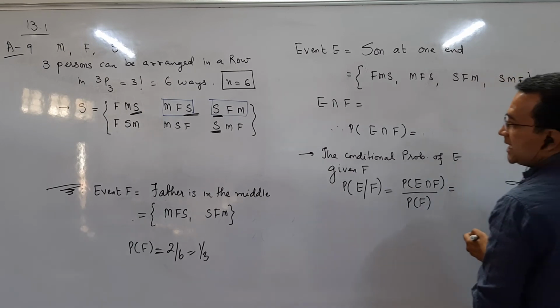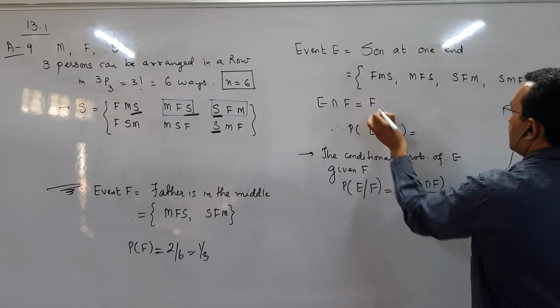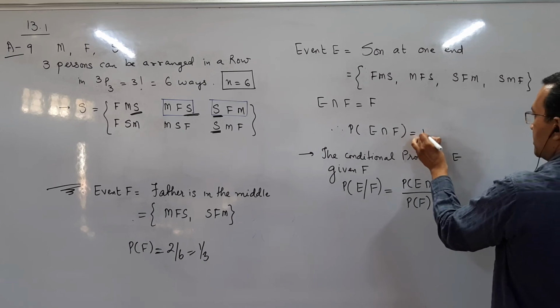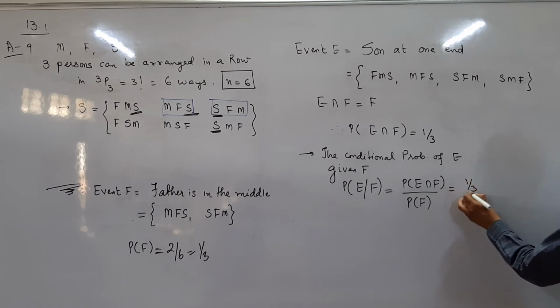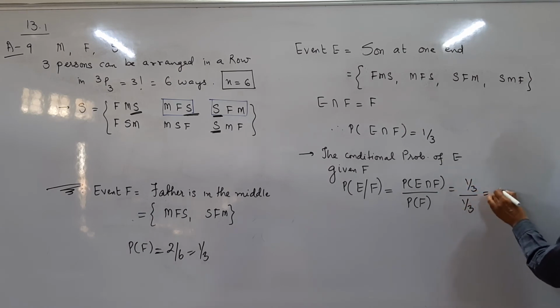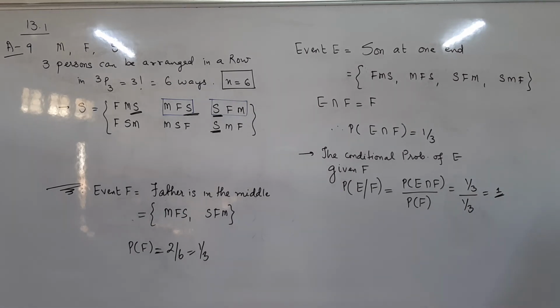So definitely E intersection F is F, and therefore this probability is also 1 by 3. So the required answer is 1/3 by 1/3, and that is 1. So whenever, students, we get the answer 1, we definitely say that this is a certain event, or we can say that this is a sure event.